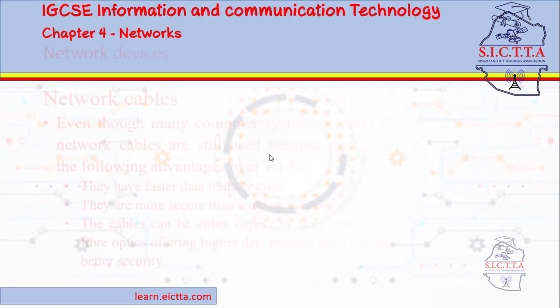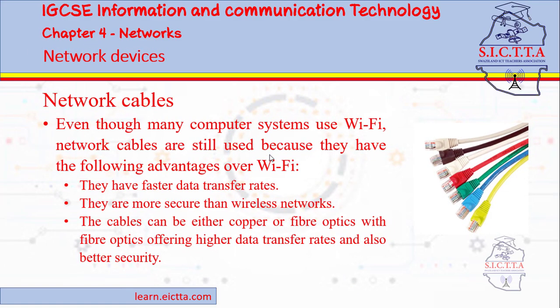Okay, the last network devices that we're going to talk about are network cables. Even though many computer systems now use what we call Wi-Fi networks, cables are still used because they have the following advantages over wireless networks.